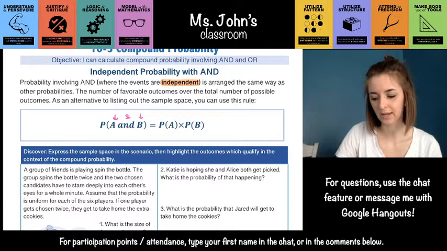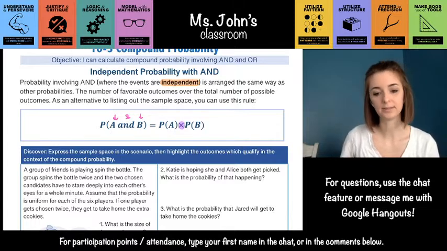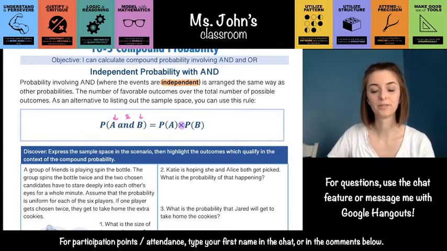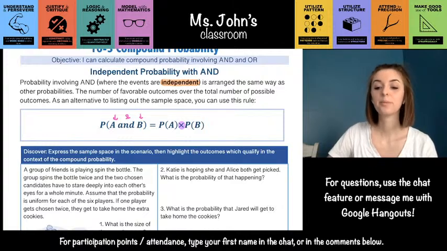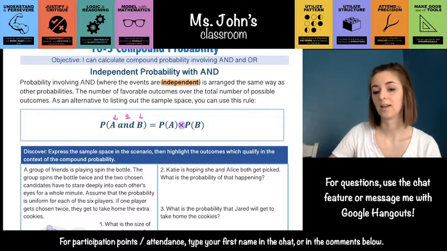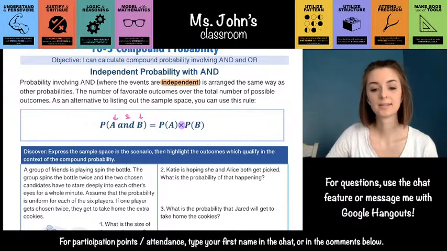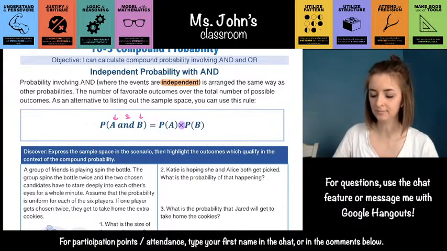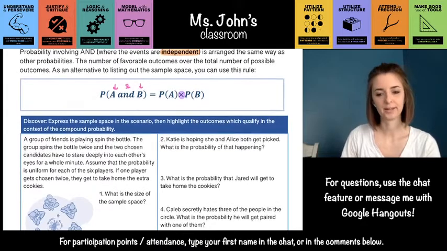So you just multiply their two probabilities together and you'll get the total probability for both of them happening. Remember, "and" in math means that both are happening, absolutely both. Not one or the other, but both at the same time. So in that situation, you multiply the two probabilities.